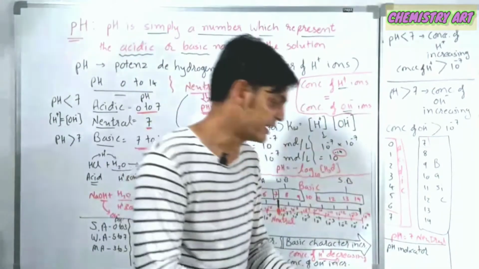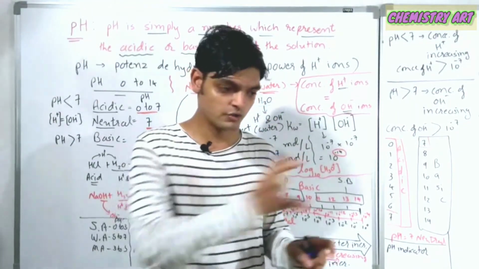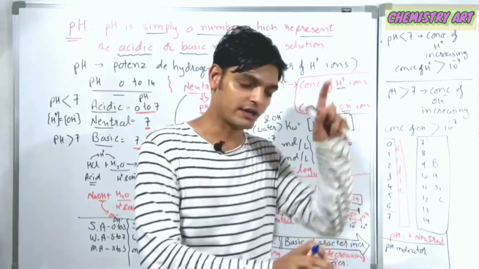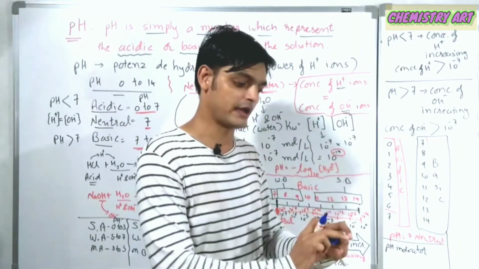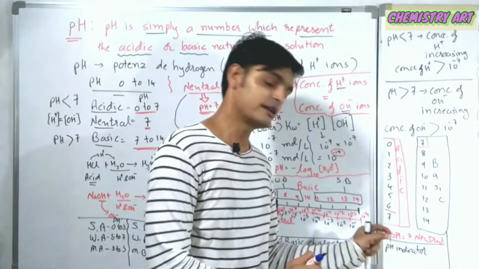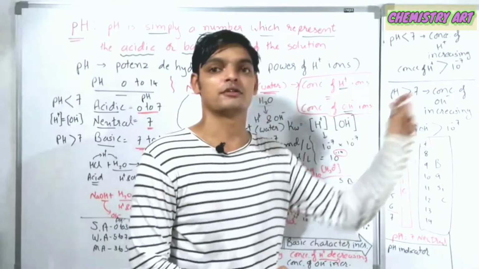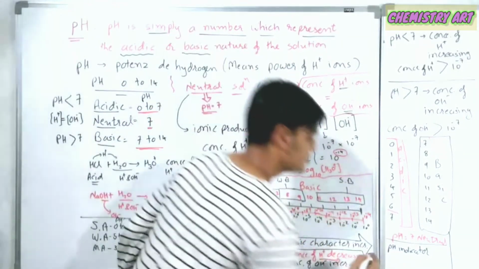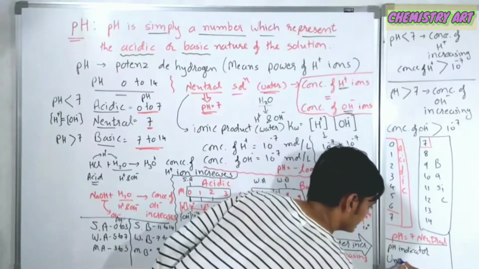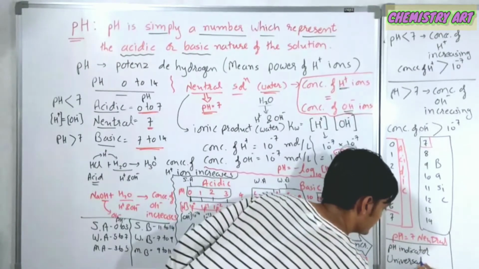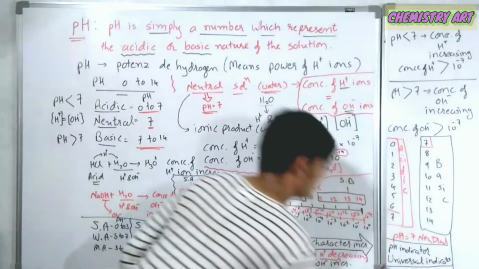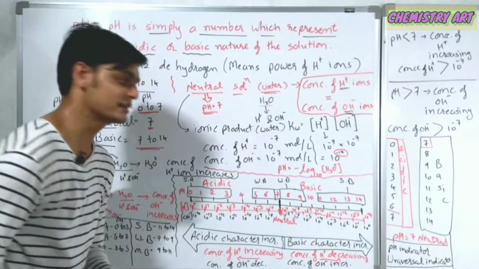On the pH scale, you have to compare the color of the solution. According to the scale, where the color is matched, that is the pH of that solution. By using universal indicator, you can measure the pH.